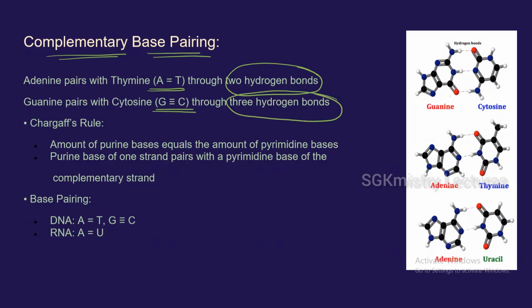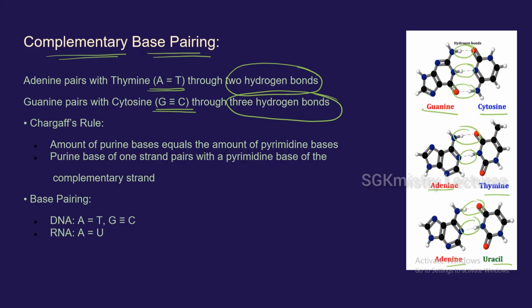You can see here very clearly, in the GC pairing there are three hydrogen bonds formed. In adenine and thymine, there are only two hydrogen bonds. Adenine and uracil, because in RNA there is no thymine, so adenine pairs up with uracil, again forming two hydrogen bonds.